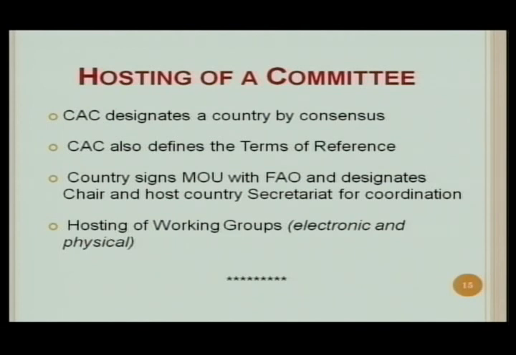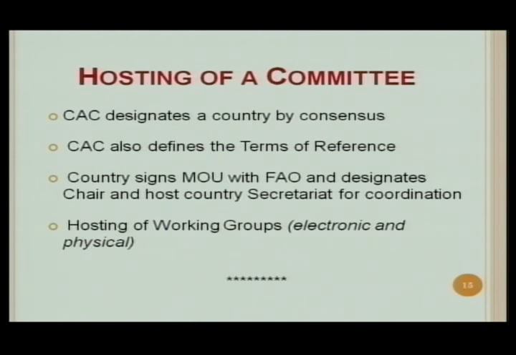Then the country designates a chair, designates a host country secretariat, which is going to work in collaboration with the Codex Secretariat. They have to facilitate visas. So the whole world has to be informed that this is the host country secretariat for so and so subject matter or a commodity, spices in case of India, and then that point, which is the Codex contact point, is responsible for ensuring all the logistics arrangements and grant of visas.